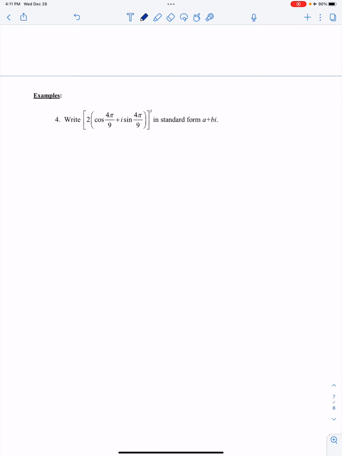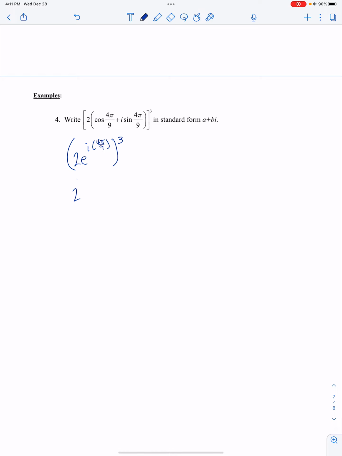Next up, we want to write this in standard form, a plus bi. We have 2 times cosine 4 pi over 9 plus i sine 4 pi over 9, and it's all cubed. So what we'll do first is rewrite the inside in exponential form. So we will have 2e to the i 4 pi over 9, and this is all being cubed. Now we can use our exponent properties.